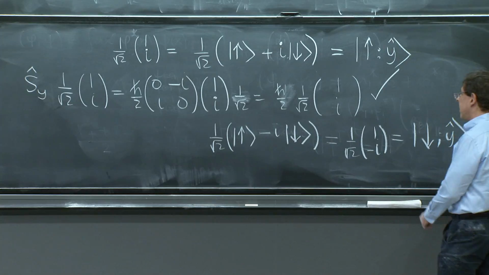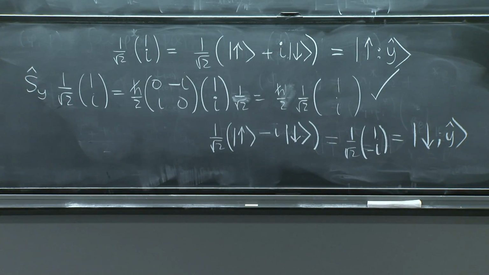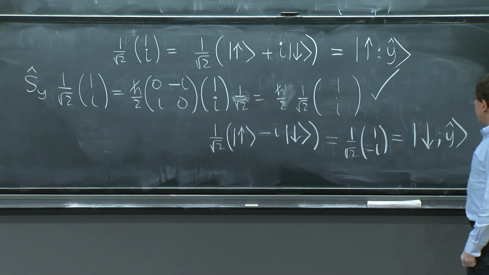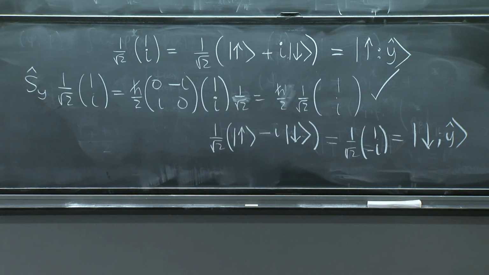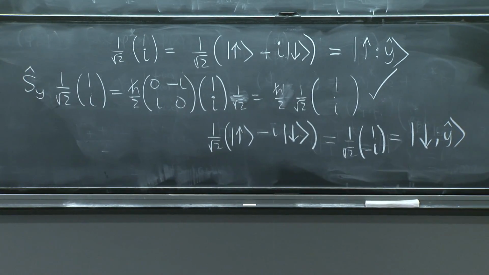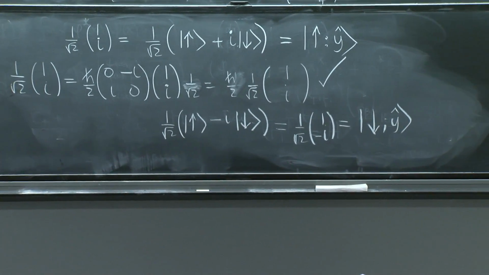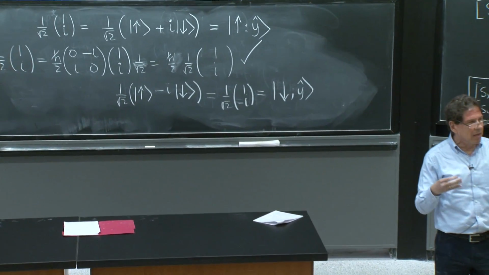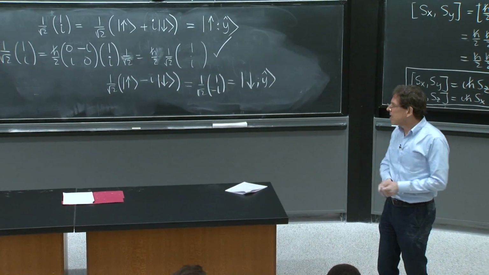You can calculate the eigenvalue. It's minus h bar over 2. And it's pointing down. Your complex numbers played a crucial role. If you didn't have complex numbers, there was no way you could ever get a state that is pointing in all possible directions.